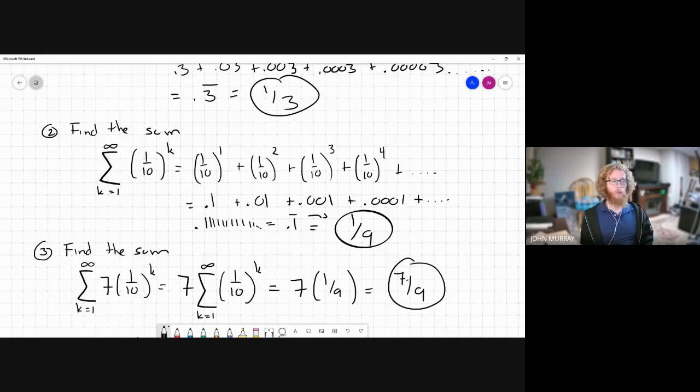So we can use those tricks, those properties that we learned yesterday, in combination with things that we already know, and it makes things a little easier for us. Instead of me writing 0.7 and then 0.07 and 0.007, and then trying to figure out what 0.7 repeated equals, I use the fact that I know that 0.1 repeating is 1/9, and then we just multiply that by 7 to get us 7/9.